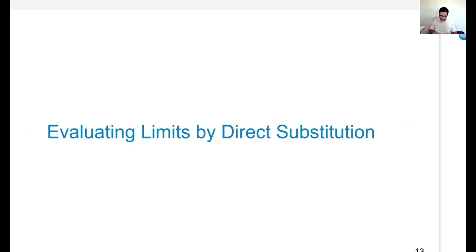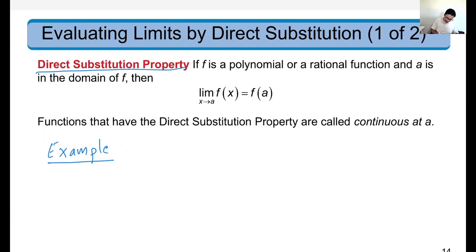So that is evaluating limits by direct substitution. By using all the properties that we just mentioned and synthesizing them, we come up with this idea. What does it say? If f is a polynomial or a rational function and the value at which you are evaluating the limit is in the domain of that function, remember that automatically means that you are not going to take a value where the denominator is 0 in the rational function.